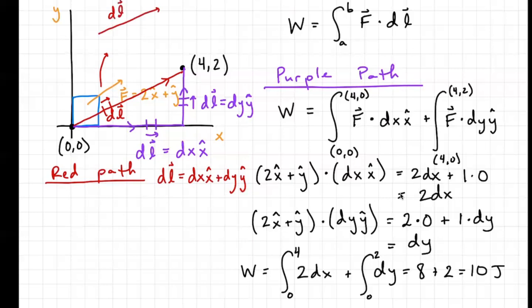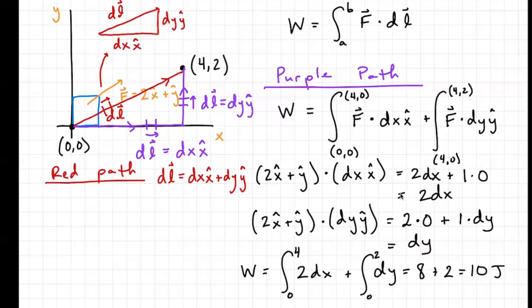And what we're saying is there's a little dx x hat here and a little dy y hat here. So, three sides of a triangle where dL is the hypotenuse. This is the change in the path in the x direction, and this is the change in the path in the y direction.